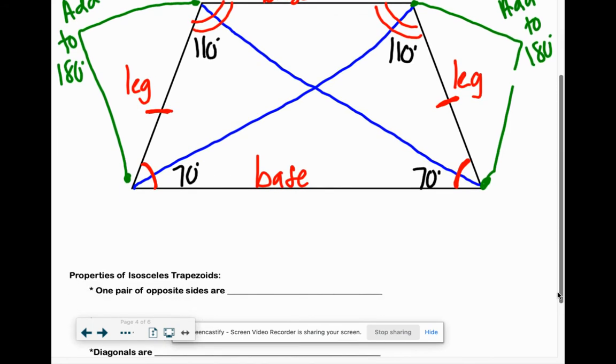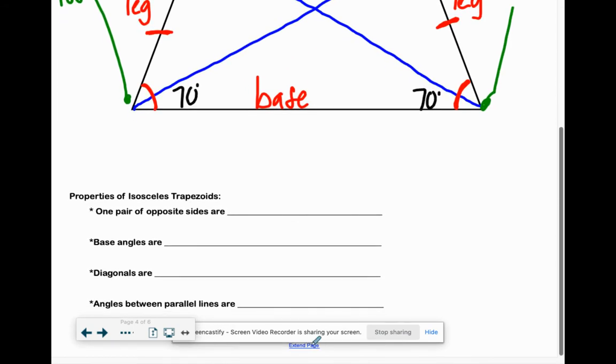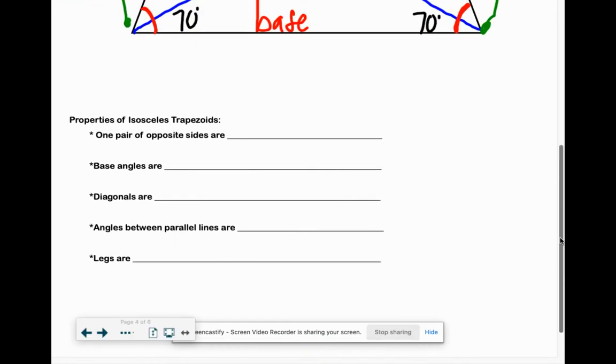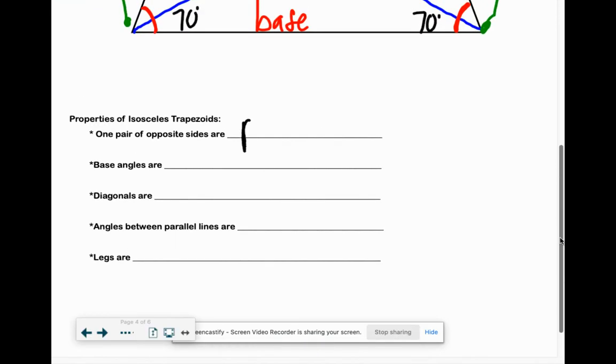Okay, so we fill in these properties. We have one pair of sides that are parallel. That's what makes it a trapezoid. Base angles are congruent.